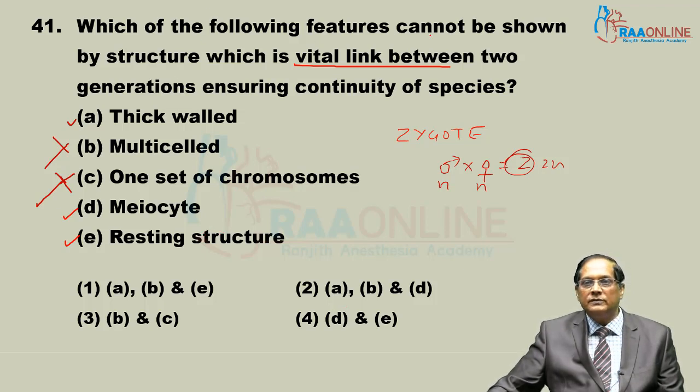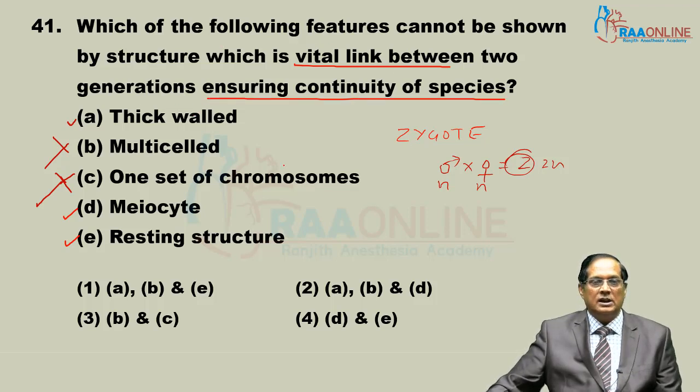In which of the following features cannot be shown by the structure, a vital link between two generations ensuring the continuity of a species? In that case, thick walled is an option, but B and C are not at all possible, so they are cancelled.